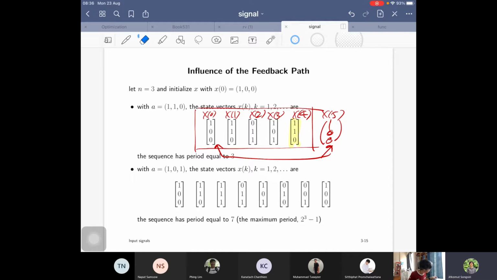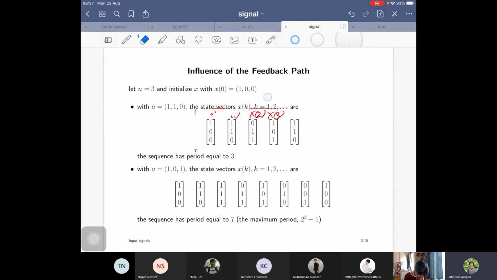I think there is a mistake on the slide. Sorry, I need to check. Hold on, let us check real quick, okay?